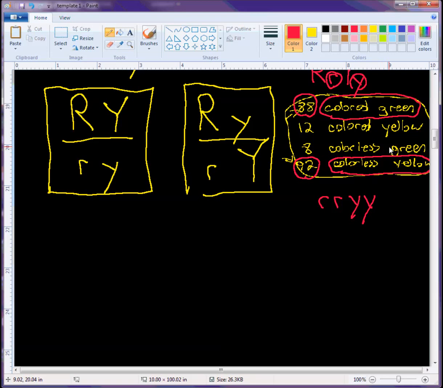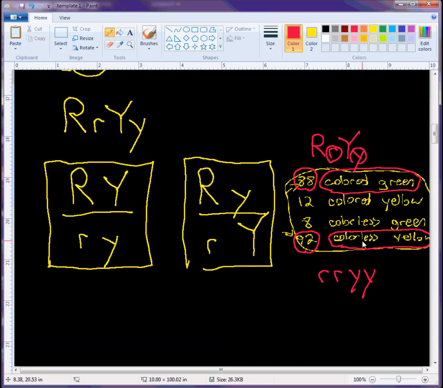So these two groups of offspring right here, the highest representative phenotypes in the offspring, inherit either a big R and a big Y together from the unknown parent, which is known now, or a little r and a little y from that parent.